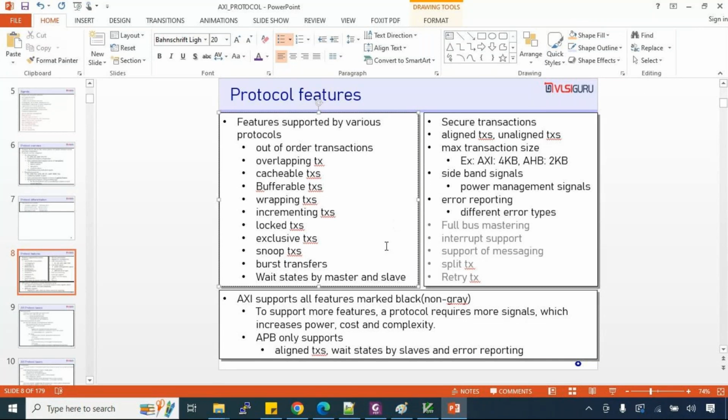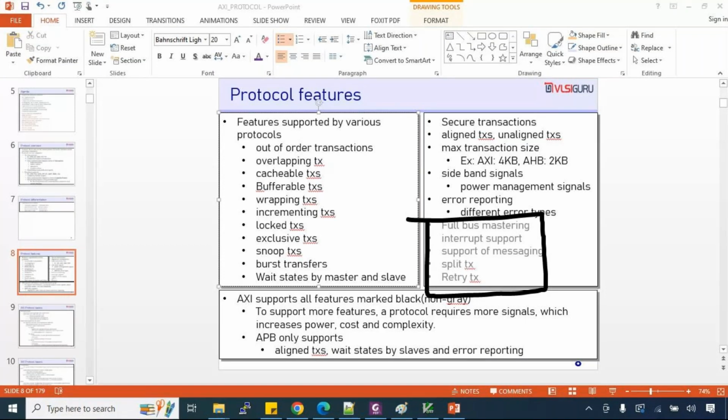Various features are there. Let's not go deep into each of these, because even if I explain them, you won't remember as of today. Just remember that AXI supports most of these features.